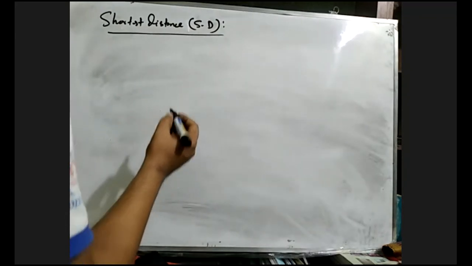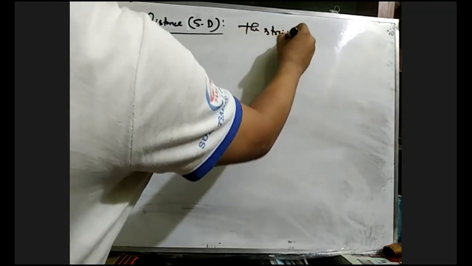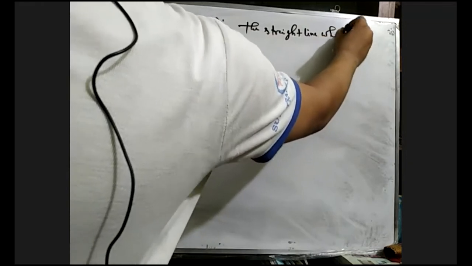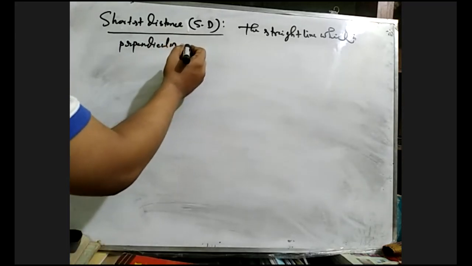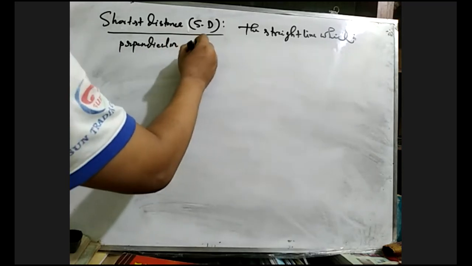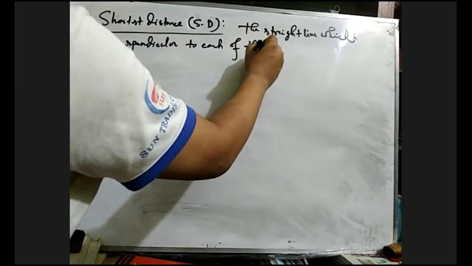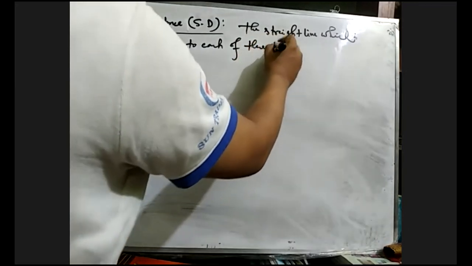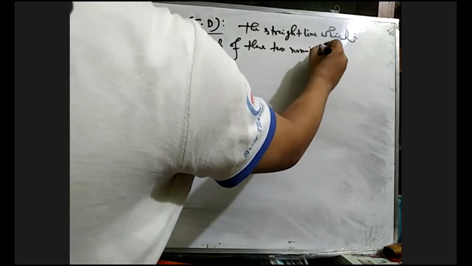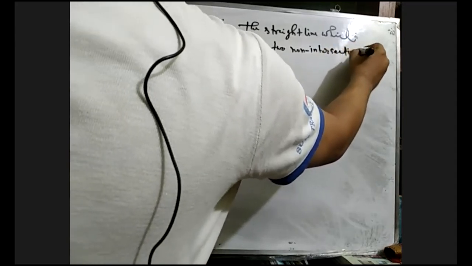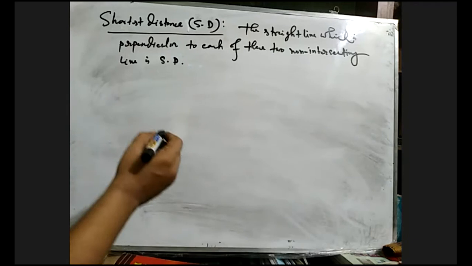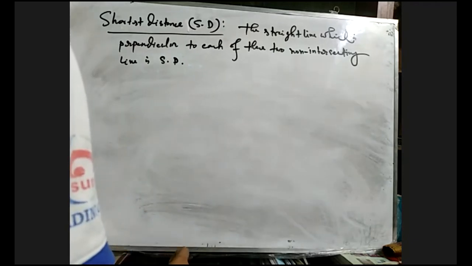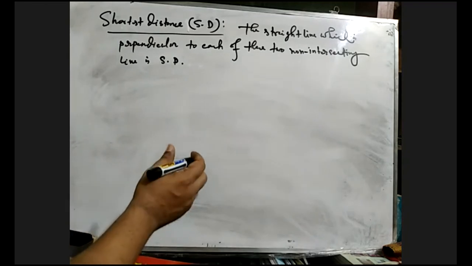The straight line which is perpendicular to each of two non-intersecting lines is called the shortest distance.